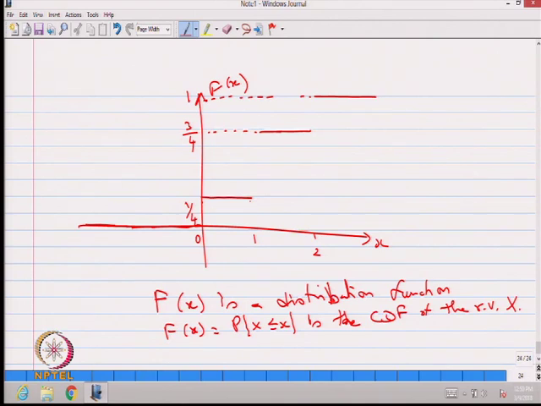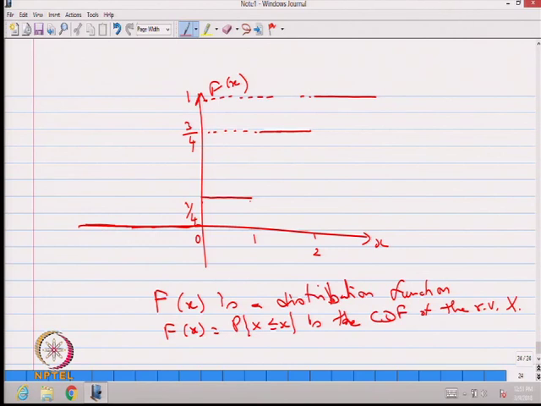Similarly, we can create examples for a CDF which is a continuous function. Similarly, one can give an example for a CDF which is continuous in some interval and has jumps in some other interval. We can create them.